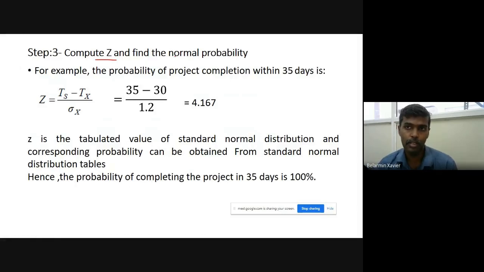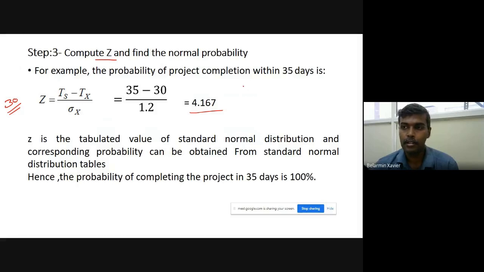z value for the normal probability. So we know that the project duration, the mean value, is 30. The question is, for example, the probability of project completion within 35 days. So the formula is z equals Ts minus Tx divided by sigma x, that is 35 minus 30 divided by 1.2, that is 4.167.